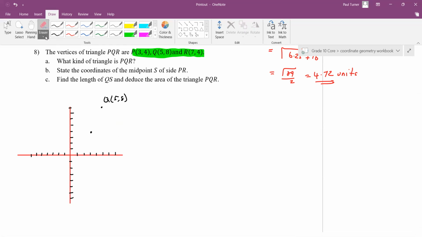I'll put that one on the other side. So P, 3, 4 here, and R is 7, 4. 5, 6, 7, 4. That's interesting. So what you've got here is a triangle. Now the base is parallel to the x-axis, isn't it? And I'm going to put a line of symmetry down through here.